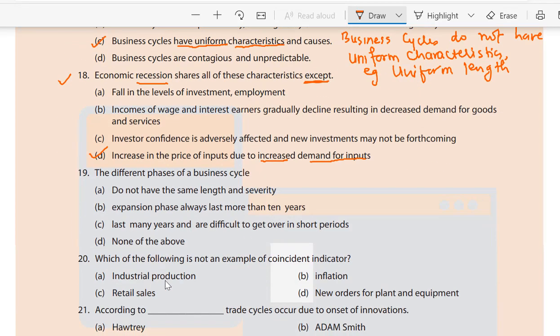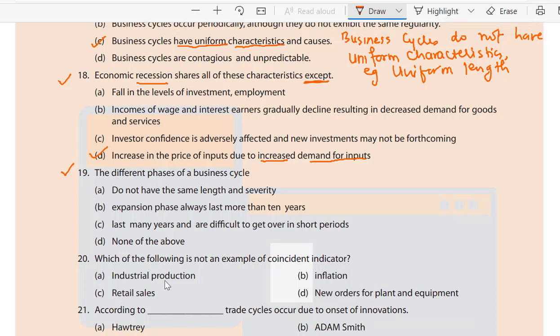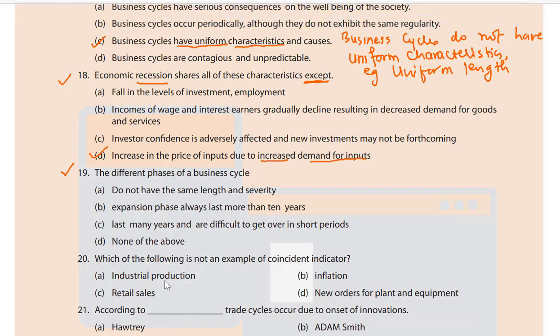Let us see question 19. The different phases of business cycle: A. Do not have the same length and severity. B. Expansion phase always lasts more than 10 years. C. Last many years and are difficult to get over in the short periods. Or D. None of the above.